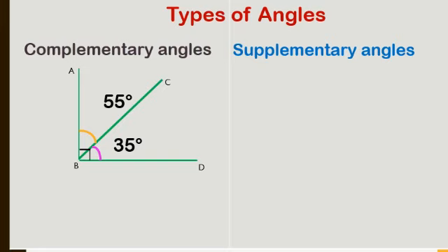When we add these two angles, we get 90 degrees. That is 55 degrees plus 35 degrees equal to 90 degrees. So if the sum of two angles is 90 degrees, then they are said to be complementary angles and they form a right angle together. So angles that add up to 90 degrees are called complementary angles.